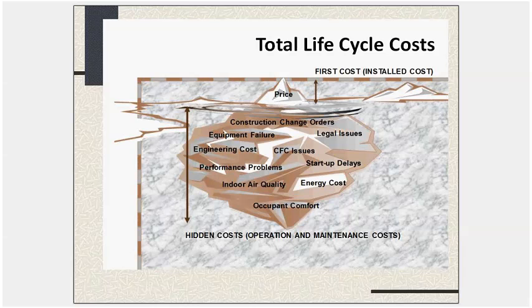And if you don't take those hidden costs into account and all the operation and maintenance costs associated with the equipment as well as energy, you might not make the best investment decision. Equipment price is usually only 5% of life cycle cost. So the point is, don't focus too much on the 5% and forget about the 95%. Because it's not a good strategy for minimizing the life cycle cost of your facility and equipment.